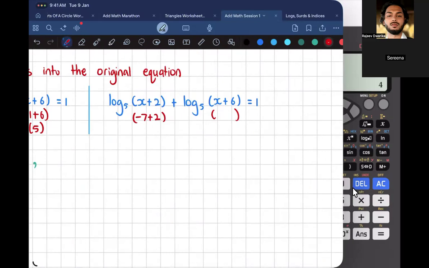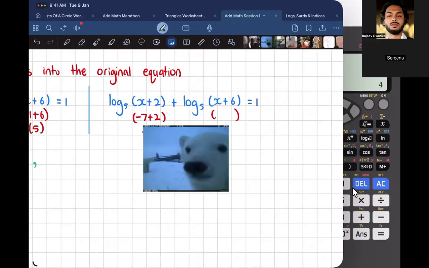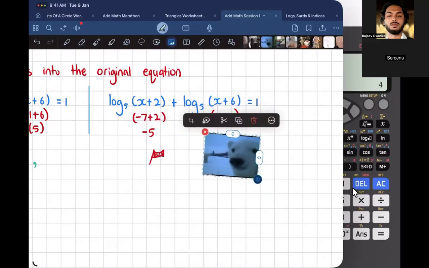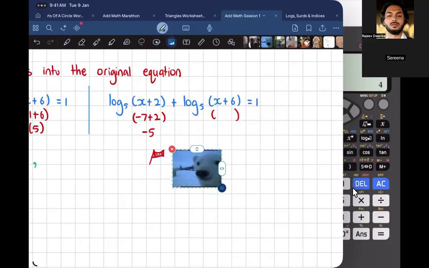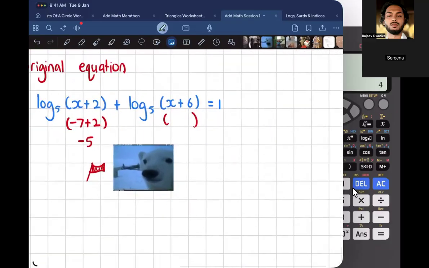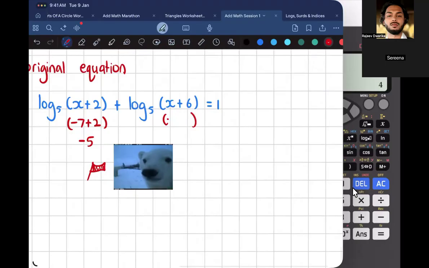What's -7 plus 2? -5. That's a red flag. Wait, let me find a meme to put here. Yeah, that's a red flag. What about -7 plus 6? What's that? -1. Yeah, let me get another one.